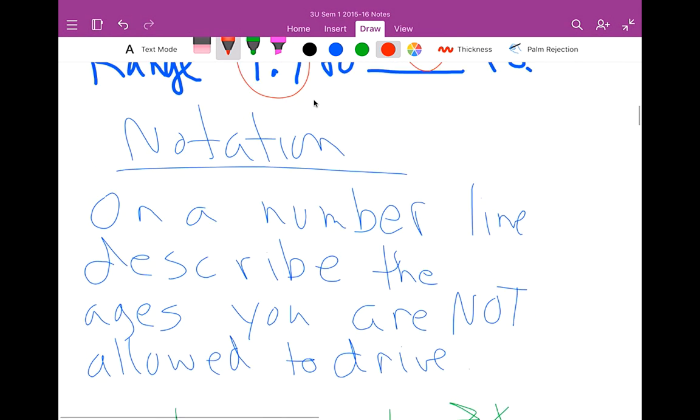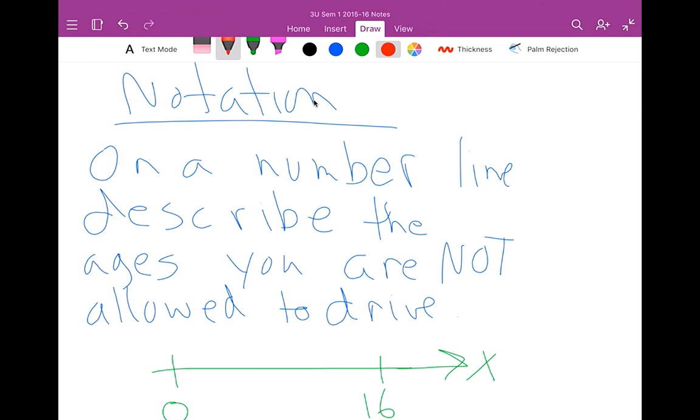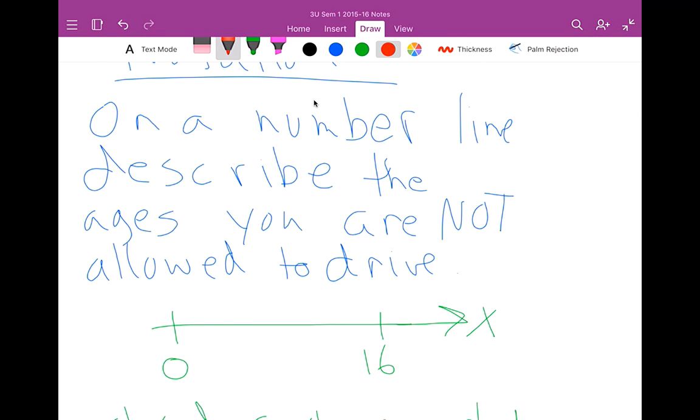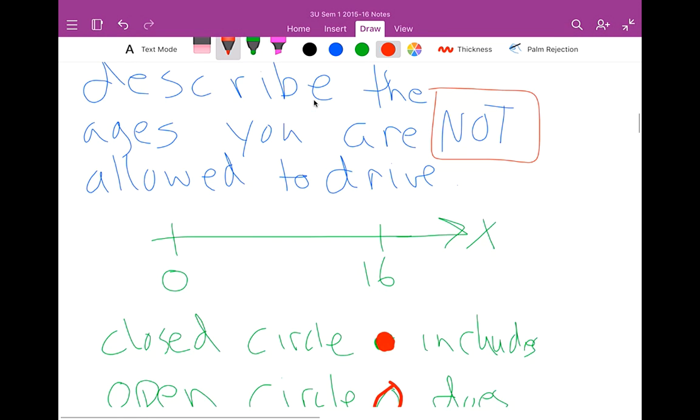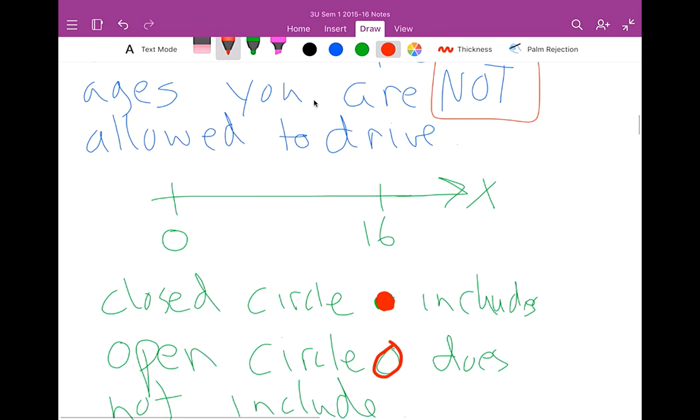All right, let's talk about notation, a little bit more formalized. I think a neat thing we can do here is to take a look at a number line, which we're going to use to describe the ages when you are not allowed to drive a car. Clearly when you're born, you're not allowed.